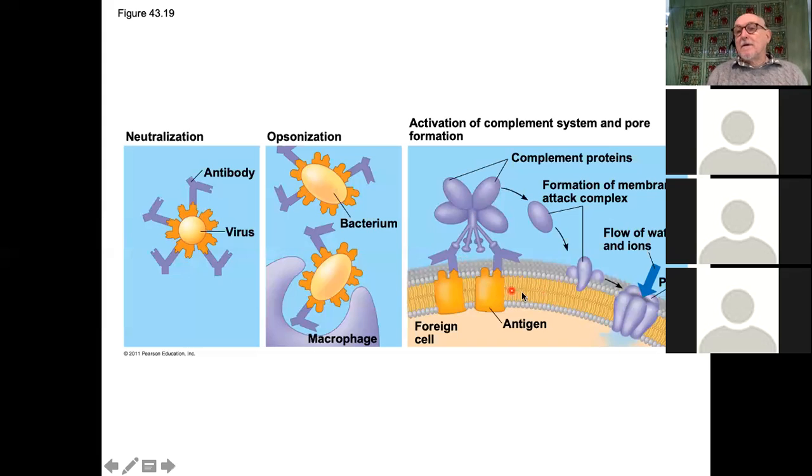This is a simple example. There are many complex examples of interaction of antibody and complement. That's all you need to remember. This is one of the other ways that antibody activates the whole immune system, by interacting with complement, which is part of the innate immune system.